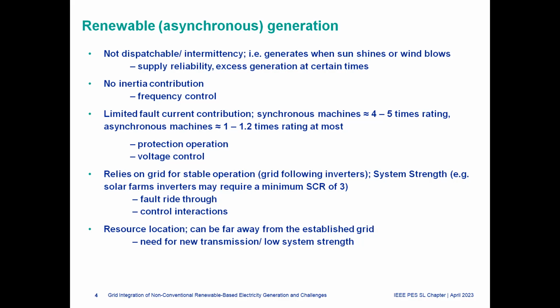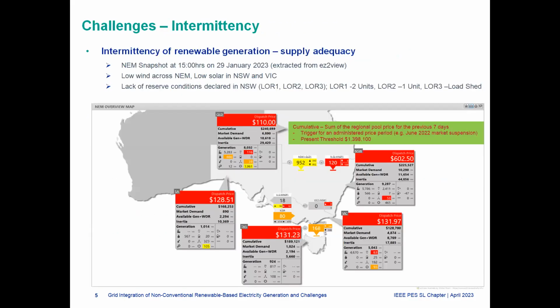So high resource areas could be not near the existing grid. So that's another issue that we have when it comes to solar farms and wind farms. So very weak networks have to carry the generated power from the solar farms and wind farms. So they are the main issues that we come across when we consider renewable generators or asynchronous generators.